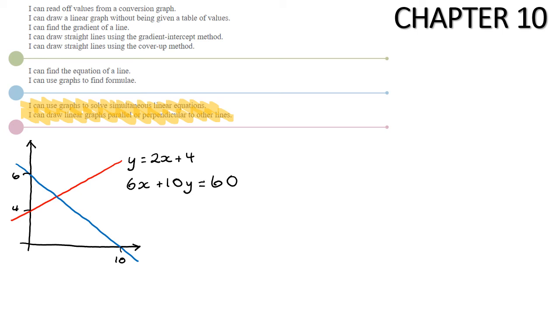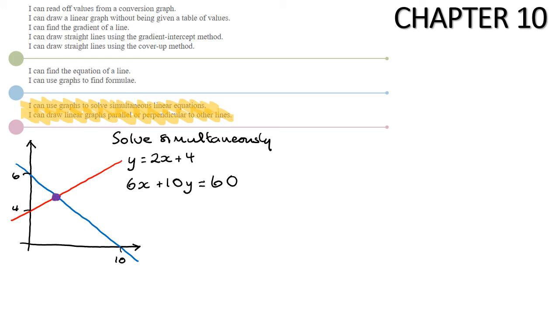And if the question said that you needed to solve these simultaneously, we can do this by algebra. That comes later in the book in another chapter. If it says solve it graphically or by using the graphs, all you do is you work out the coordinate where the two lines cross.